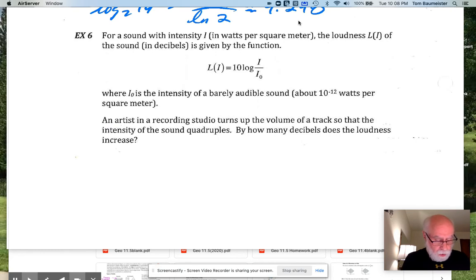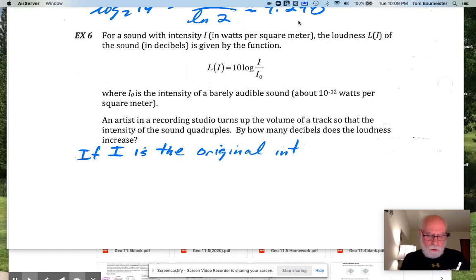So, what it's saying here is that if I is the original intensity, okay, then we know that 4 times I, because that's what quadruples means, 4 times I is the intensity quadrupled.